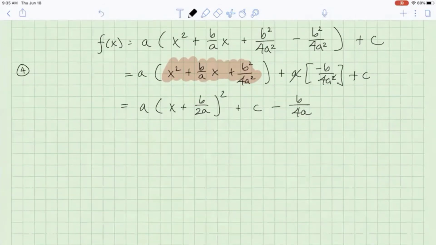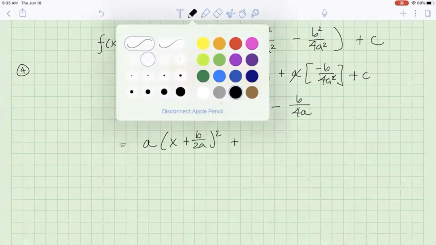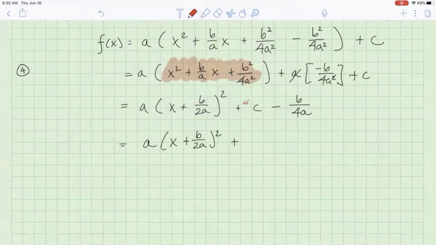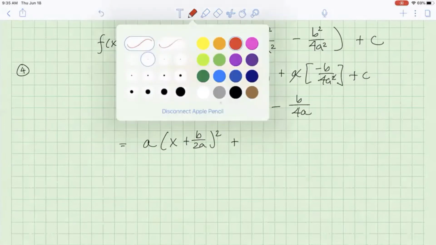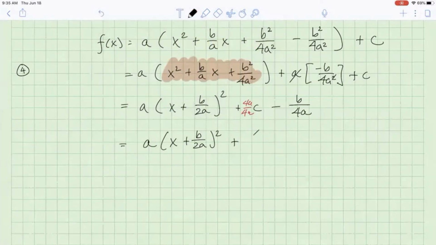And then if I get a common denominator, this becomes a times x plus b over 2a squared plus, if I give this guy 4a over 4a top and bottom to get a common denominator, this will become 4ac minus b squared.